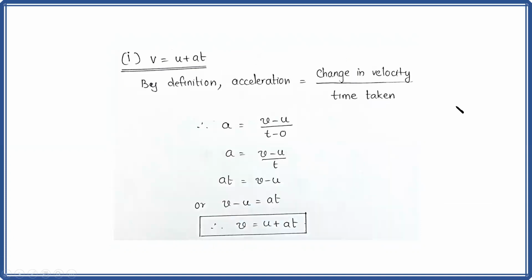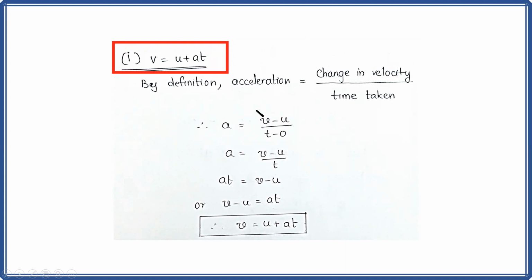So now, first let us take the first equation of kinematics, that is V is equal to U plus AT. By the definition of acceleration, we know that acceleration is equal to change in velocity divided by time.